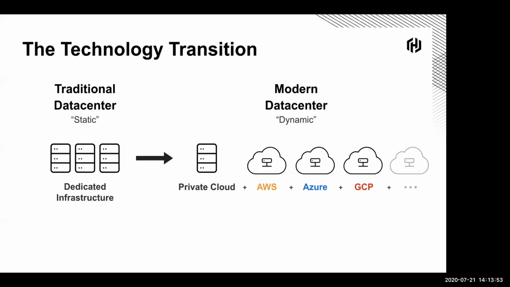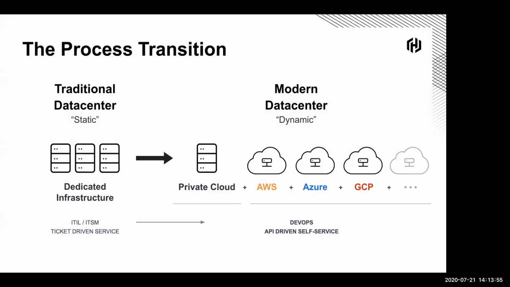So the shift from the static to dynamic is really this concept of moving. We believe that what most customers are really trying to do is not necessarily the technical shift. In other words, we're not moving to public cloud just to move to public cloud. If we're moving to public cloud, we're doing so because it's providing additional benefit in the form of self-service or dynamically available infrastructure.